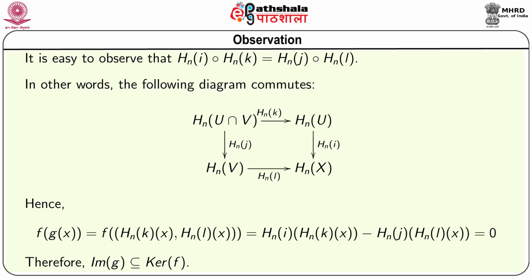But since the diagram commutes, we have that this difference is equal to 0. That means f composed with G of any x is equal to 0, so the image of G is contained in the kernel of f.